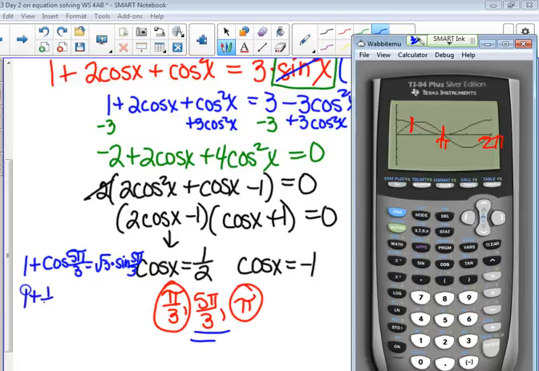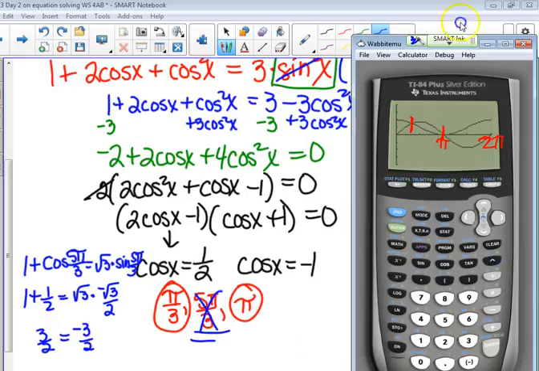So I get 1 plus 1/2 equals square root of 3 times, what is the sine at 5 pi over 3? Negative square root of 3 over 2. Square root of 3 times square root of 3 is 3. So I end up with this. Does 3 halves equal negative 3 halves? No. So that's why that one didn't work.